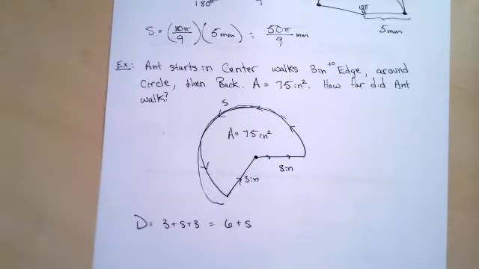But how do we find our arc length? We do know one fact about the area. Let's call the angle theta.